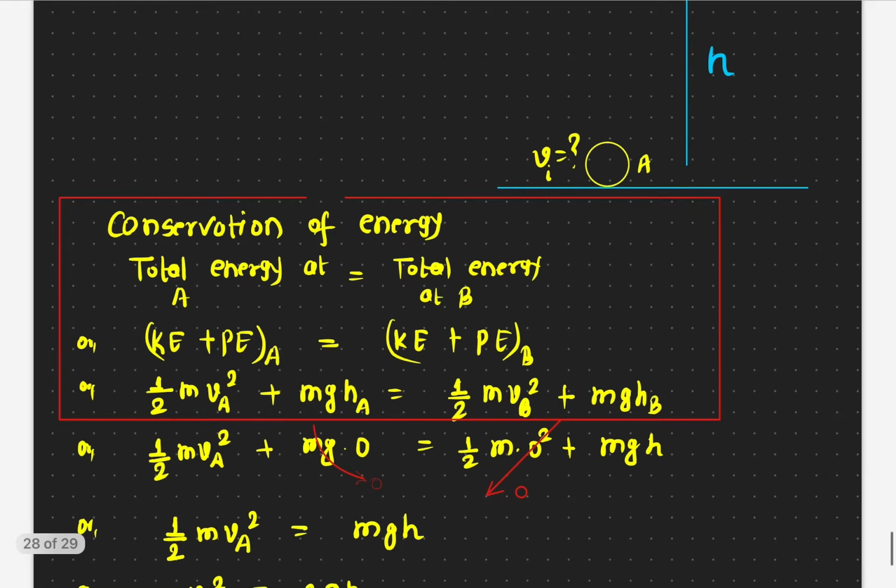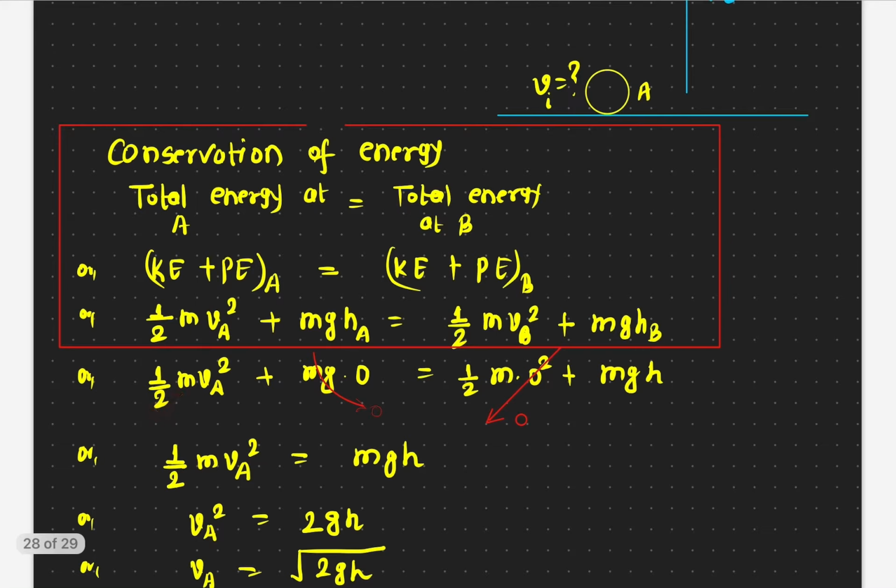The kinetic energy formula is half mv squared. And potential energy here means gravitational potential energy, which is mgh. So kinetic energy at point B is half m vb squared, and potential energy is mg times hb.